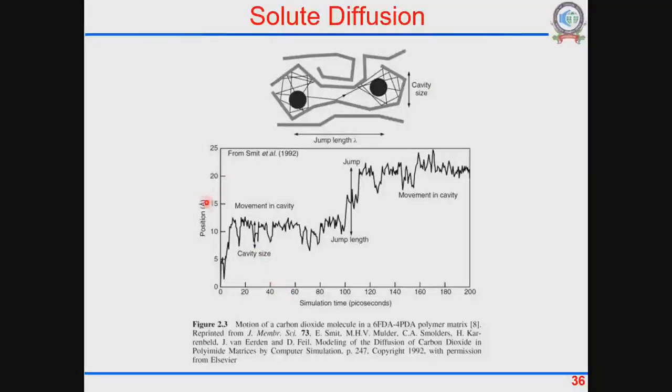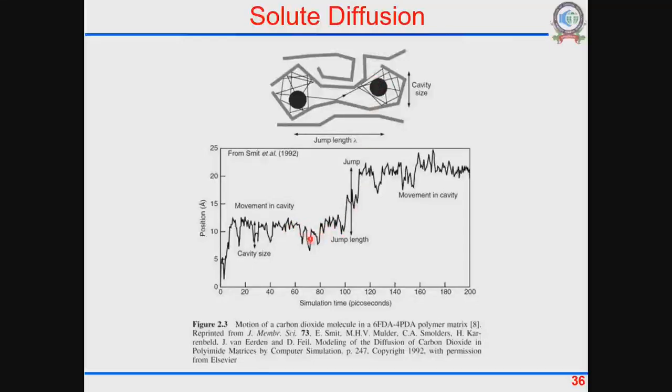So imagine that I look at the position of the solute as a function of time. Initially, let's say the solute is on one side of the membrane, the feed side. As we progress with respect to time, maybe a cavity appears that allows this solute to go inside the membrane, but for some time the second cavity does not appear, so the position of the solute essentially remains the same.